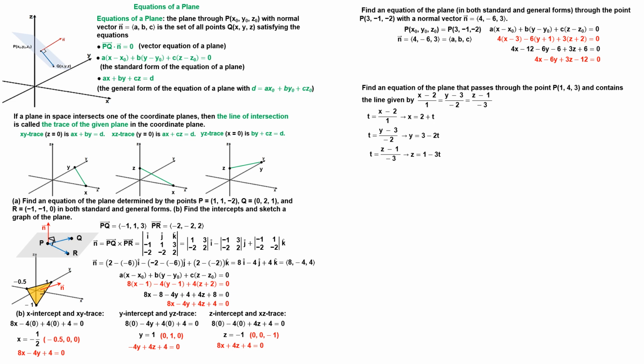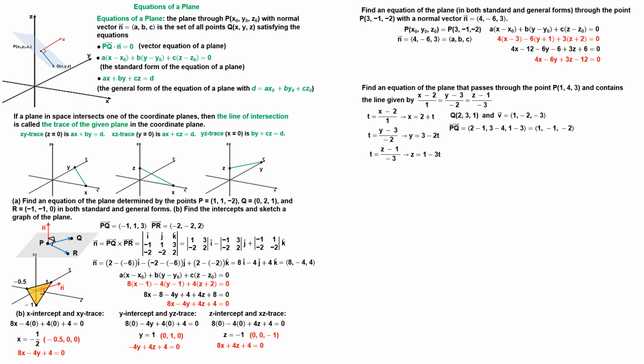From the parametric equations, we can see that the line passes through the point that I will call Q with coordinates x equals 2, y equals 3, and z equals 1, parallel to the vector v given by. Now we will use the point Q and the given point P to identify a second vector parallel to the plane. So we write the vector PQ.